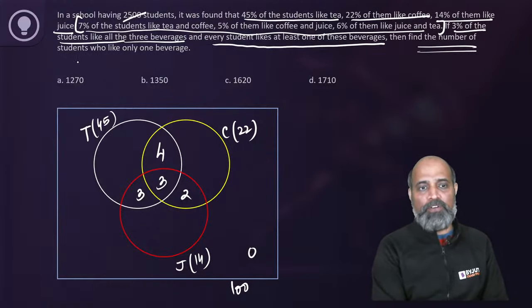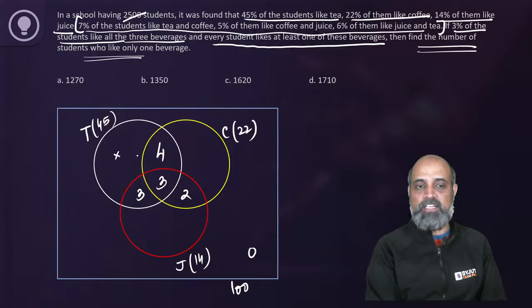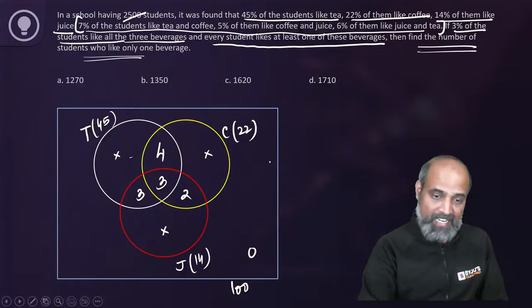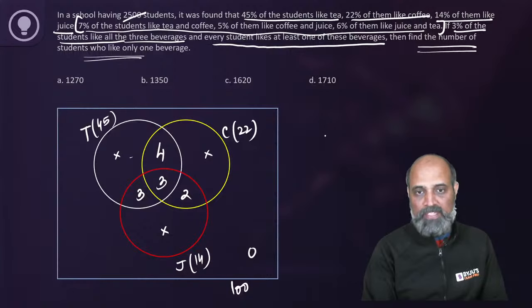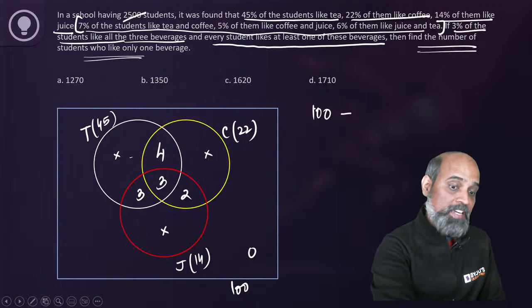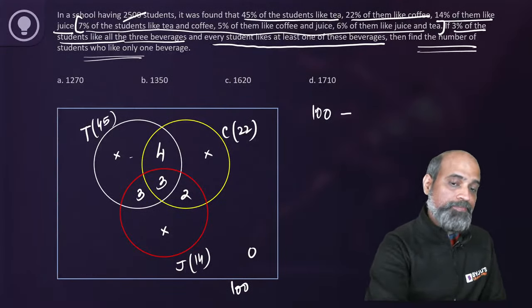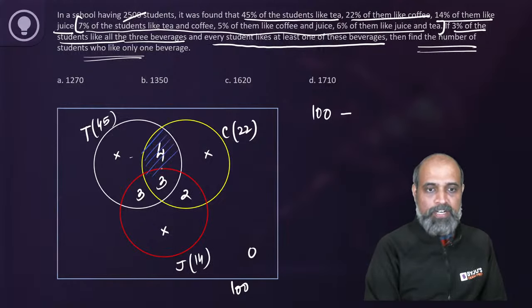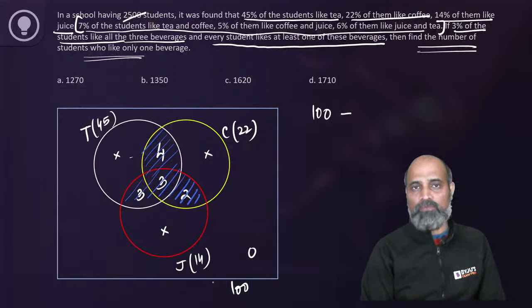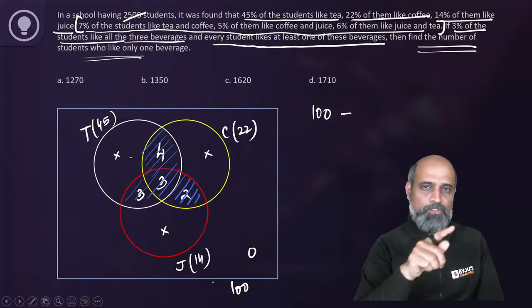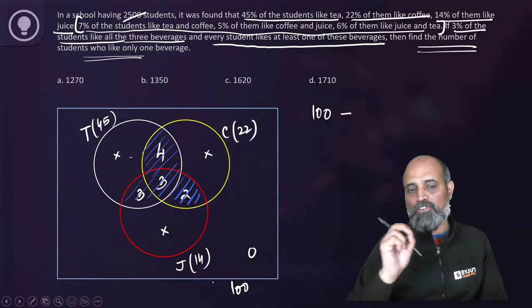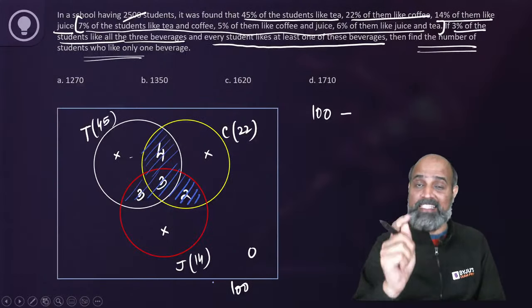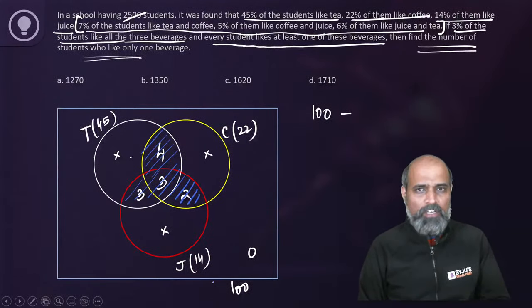Question is, find the number of students who like only one beverage. So they are asking us to find the number of students who like only one beverage, as in these 3. Can I say, please pay attention to what I'm saying, out of 100 people, if I get rid of the number of students present here, then obviously the number of students left at only tea, only coffee and only juice, that means the students who like exactly one beverage, will be left.